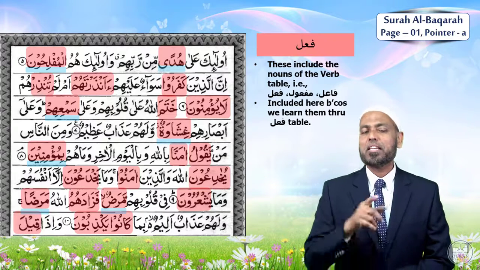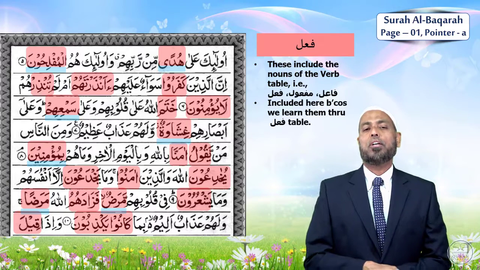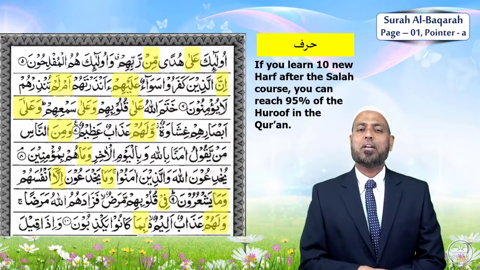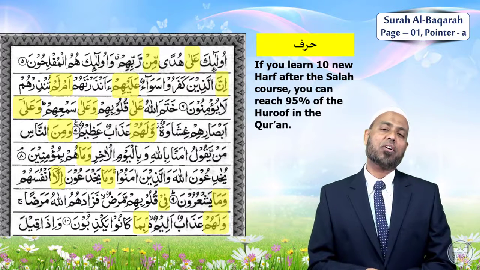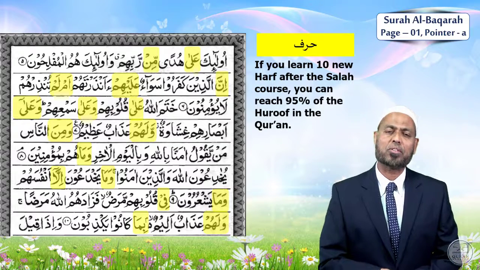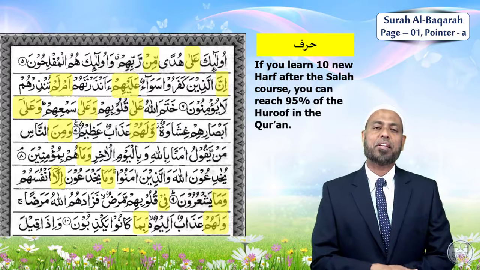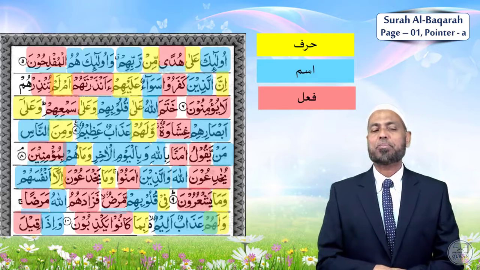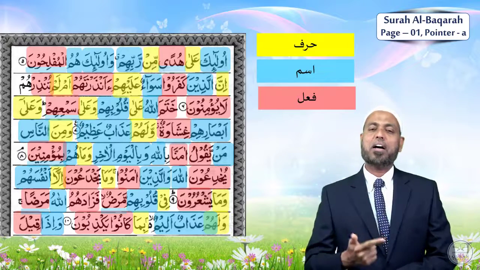Okay? And here they are shown with a blue strip below such nouns. Harf, well, if you learn just 10 new harf after the Salah course, you can learn 95% of the huruf in the Quran. So harf is very easy, and they occur almost twice in every line of the Quran. So here is a typical page showing the huruf and the asma and the af'al.